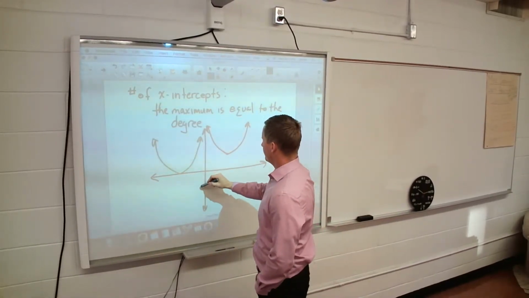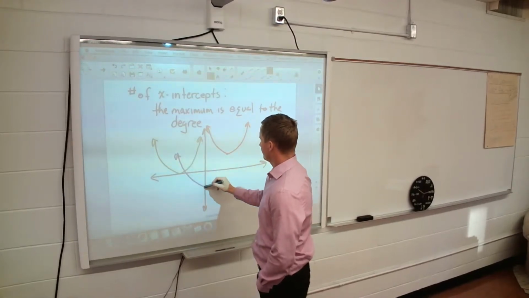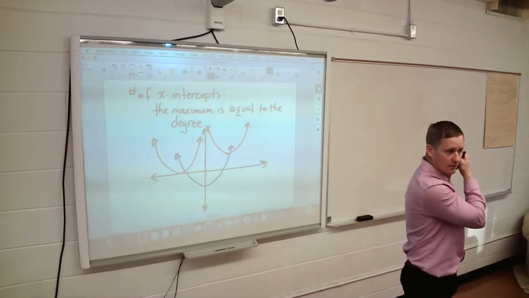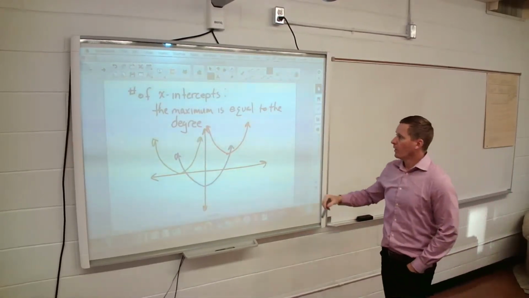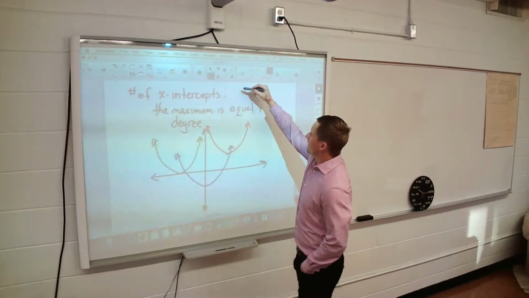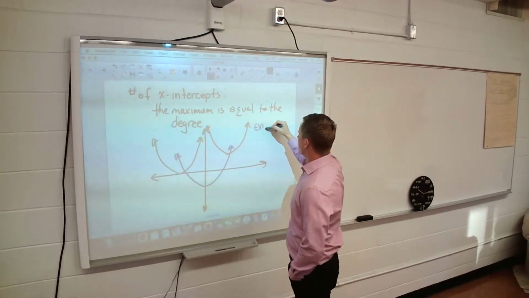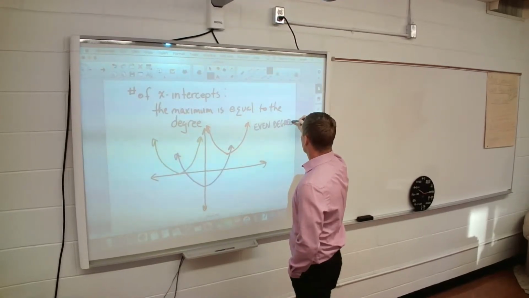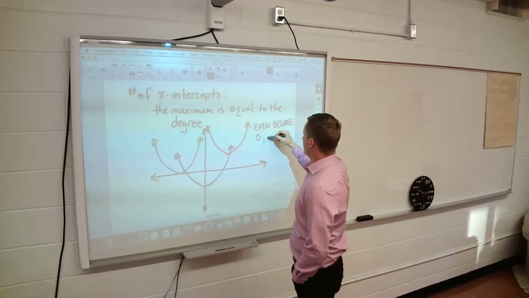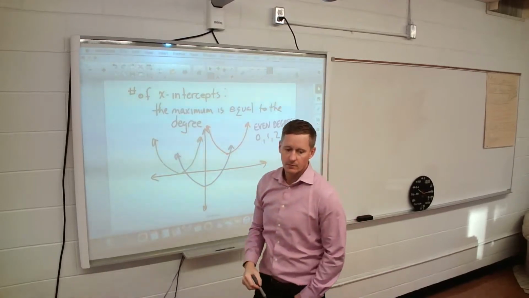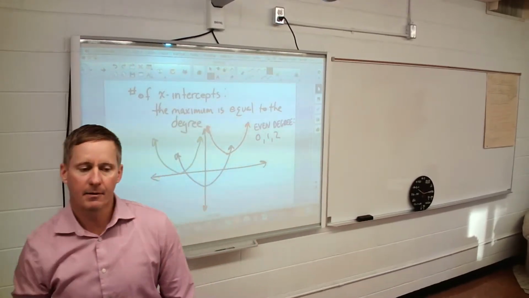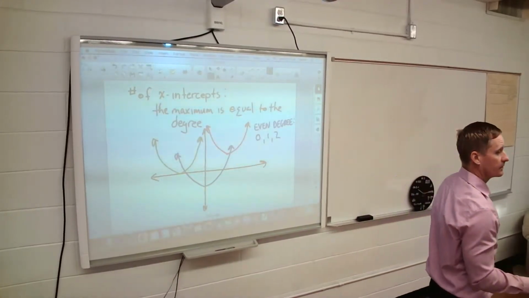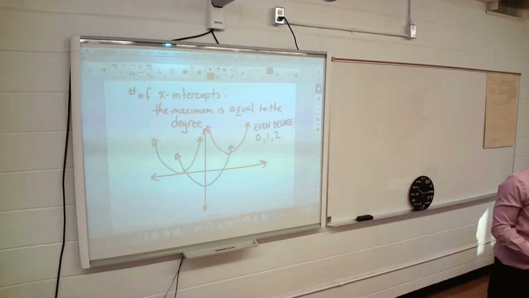Equation number 3. How many x-intercepts? 2. So what you have found is that the number of x-intercepts for an even degree, in this case, is 0, 1, or 2. The maximum number being the same as the degree, the minimum number being 0. It's possible that you have 0 there.